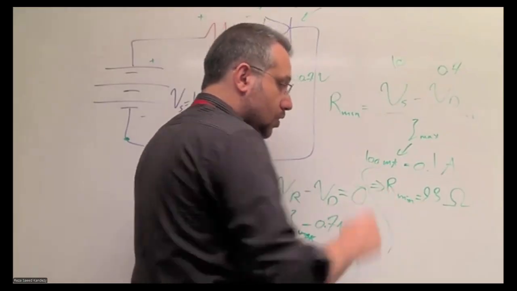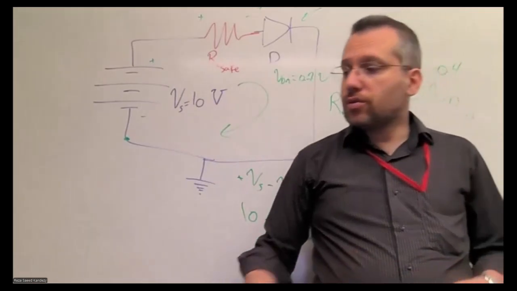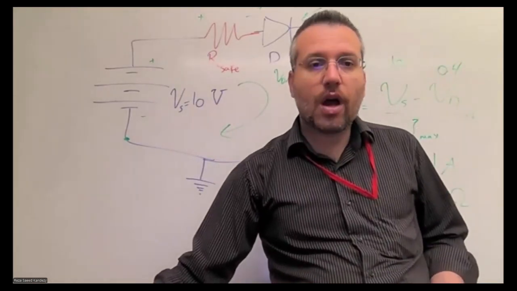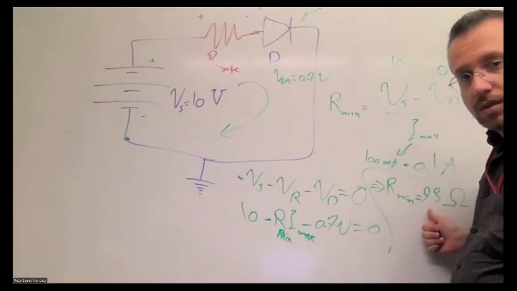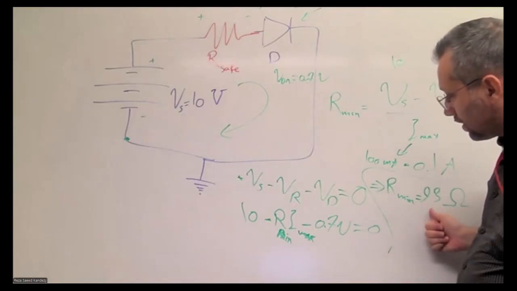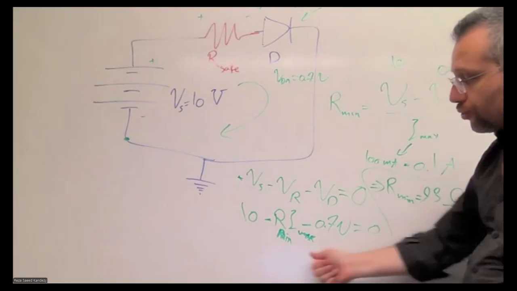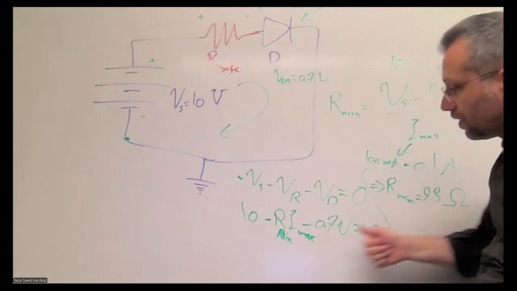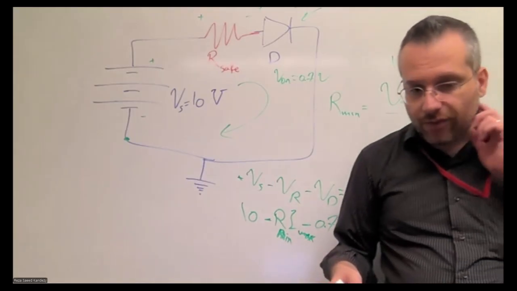Okay, now we are not done. We said we do not even want to get near the Imax. If we put this value, in a certain situation we are going to get equal to Imax. We don't want to get even near that value. So we are going to apply a safety factor.